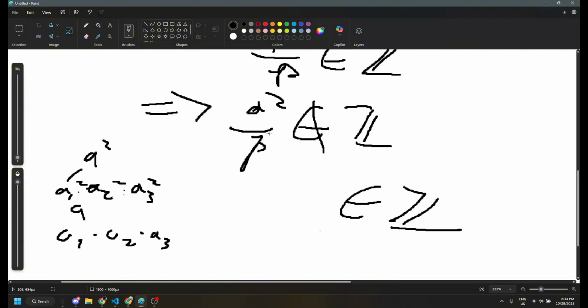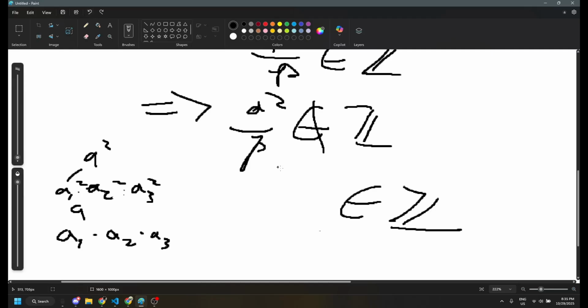If we're saying that P is not one of these factors, then I think it follows that P is not one of these factors. Right?